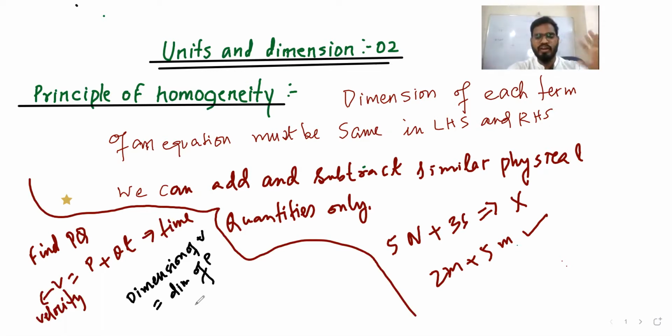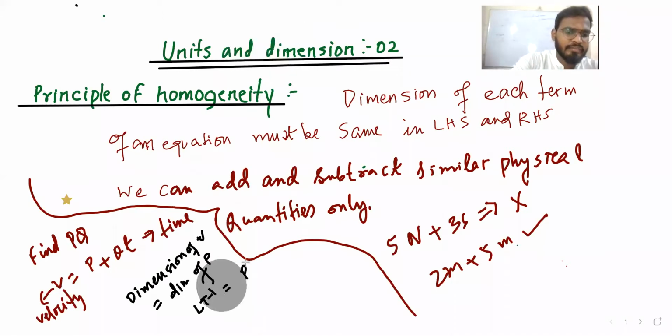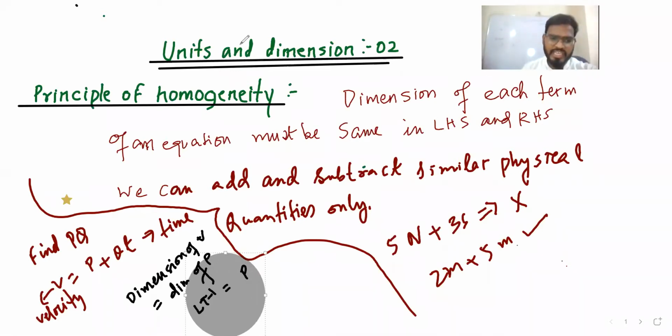You have to know the first part, otherwise it is really tough. So P is also LT minus 1. Finished. The first thing we did is LT minus 1.